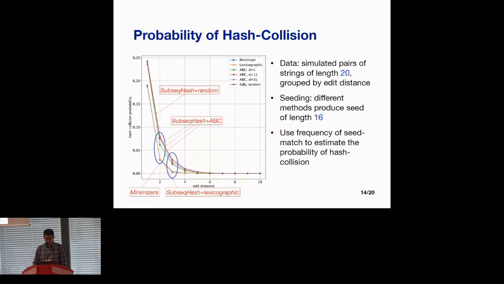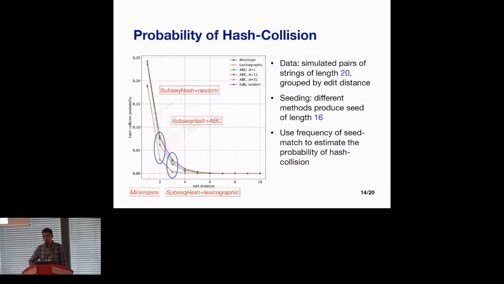Another observation from this figure is that the probability of hash collision is quite low when there are two edits or three edits among a pair of length 20 strings. When there are two edits, although subseq hash with ABC order gives a higher probability, it's still quite low, under 10%. When there are three edits, the probability is about 3-4%.